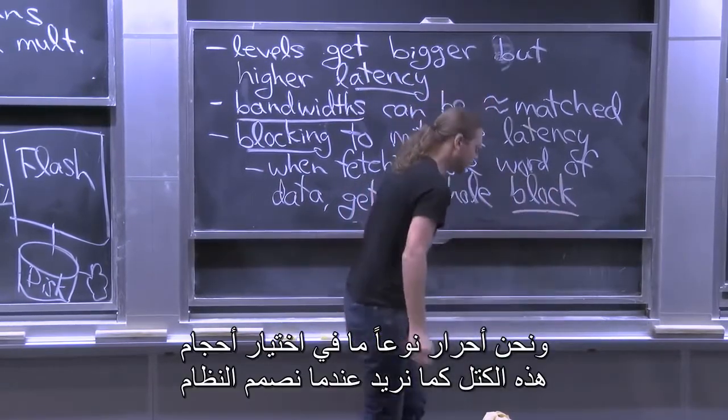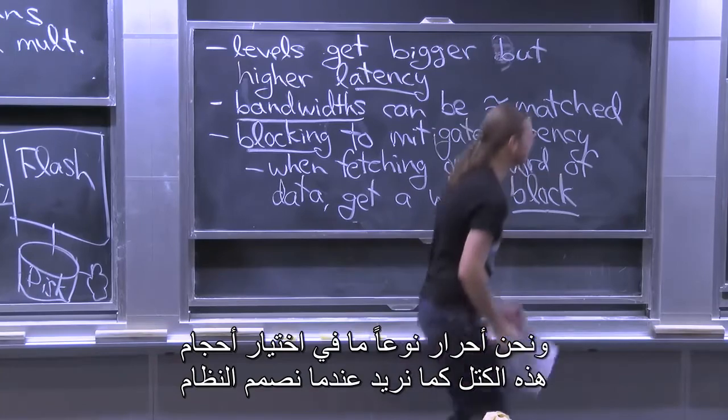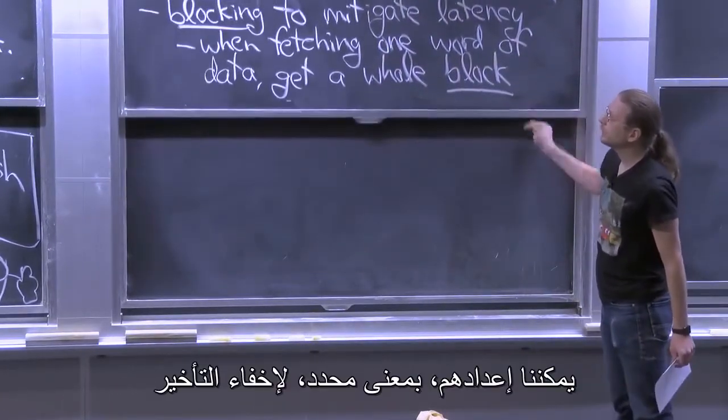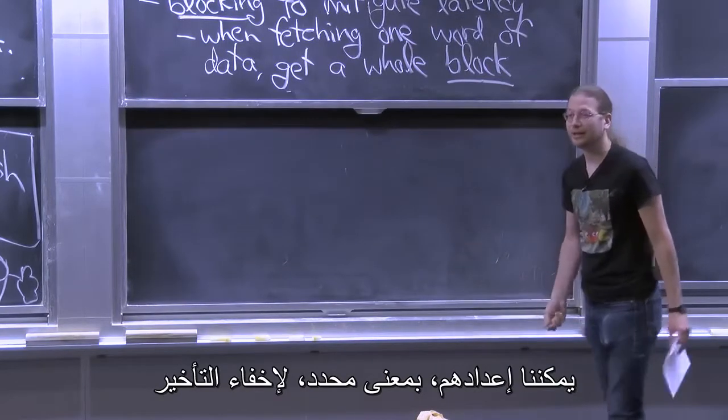And we're kind of free to choose these block sizes however we want when we design the system. So we can set them, in a certain sense, to hide latency.